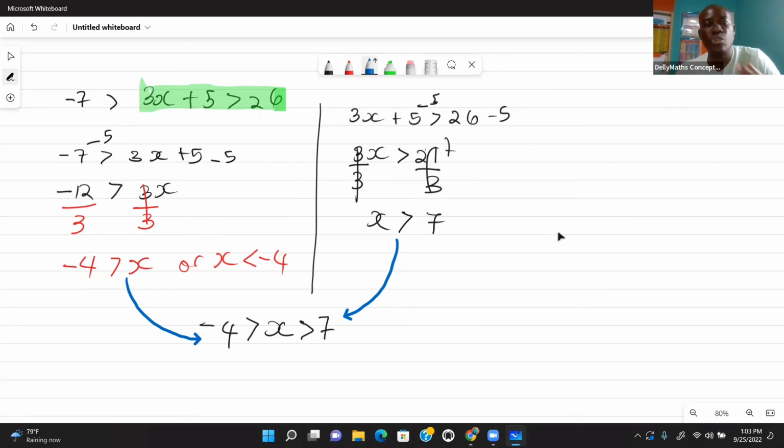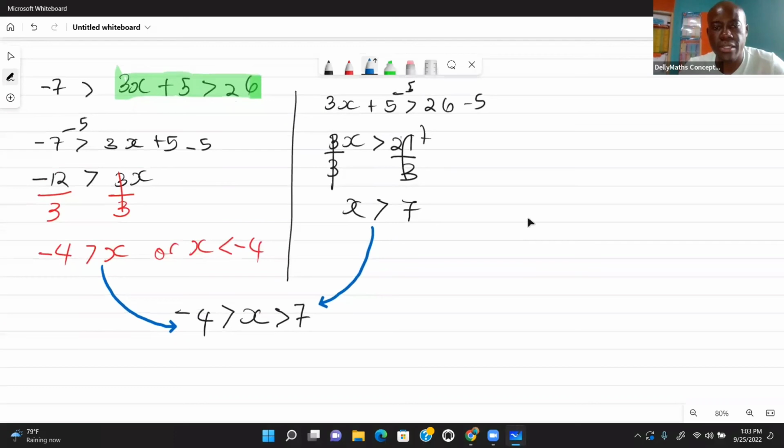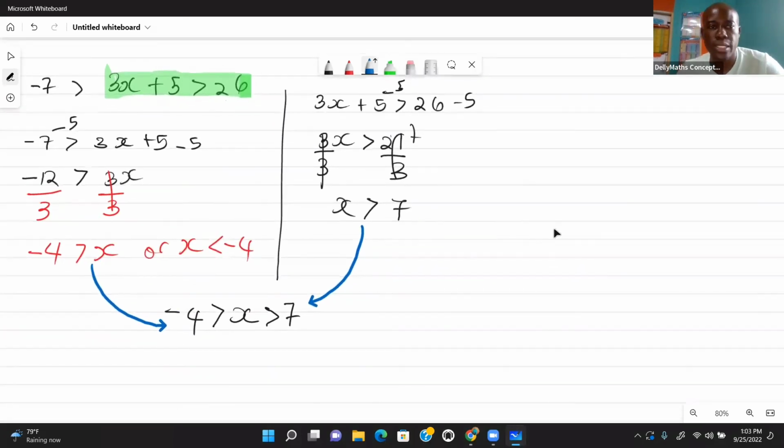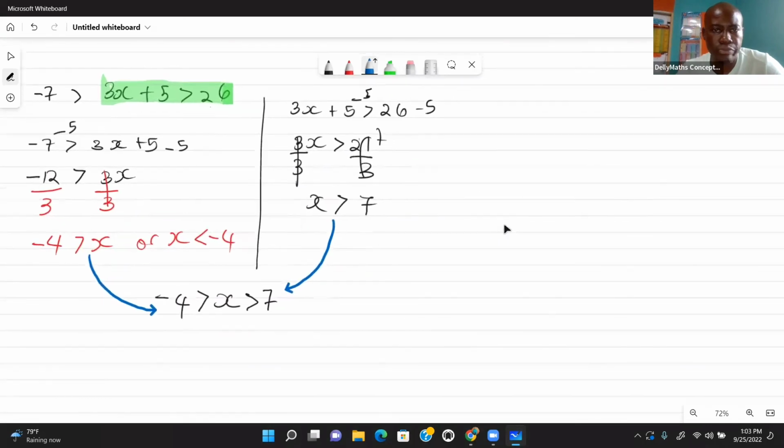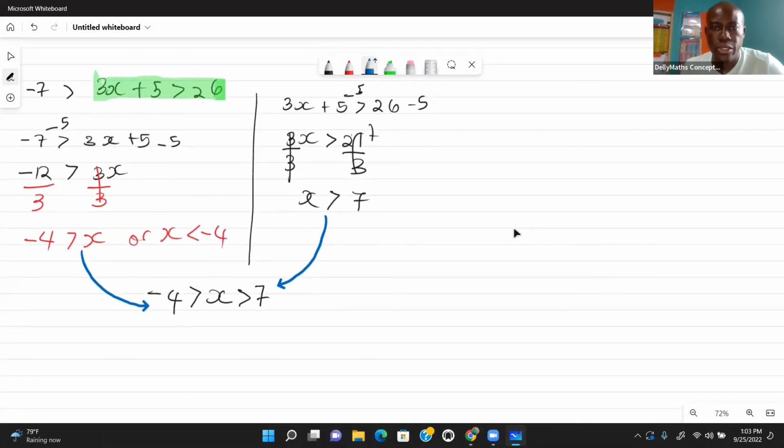Now what I'm going to do is solve this in one shot, right? So I want to solve this in one go. I'm going to put it beside this so we could have it there as a reference. So I'm going to rewrite. We have negative 7, greater than 3x plus 5, and this is greater than 26.